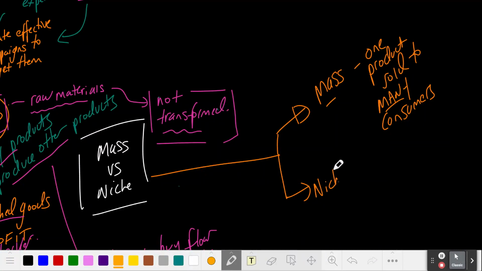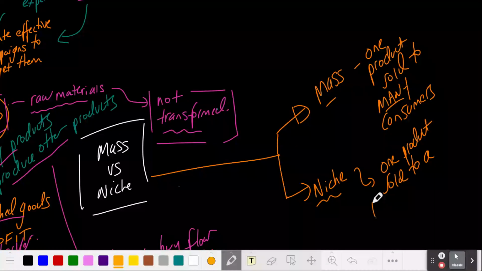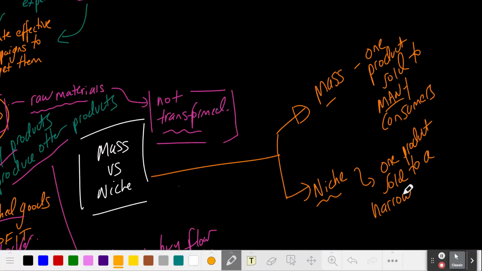If I look at a niche market, what we're saying here is that we have one product that is sold to a narrowly selected target market.